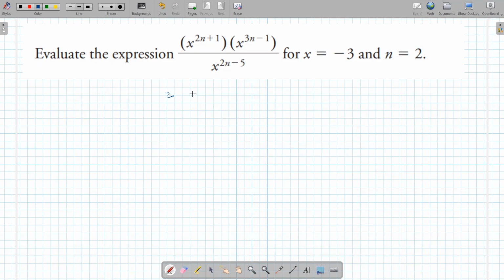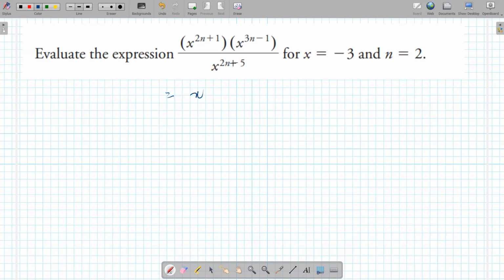Okay, so what do we get? So we're multiplying. The x's are being multiplied, right? When you're multiplying, you add up the exponents. So here you just add the exponents.